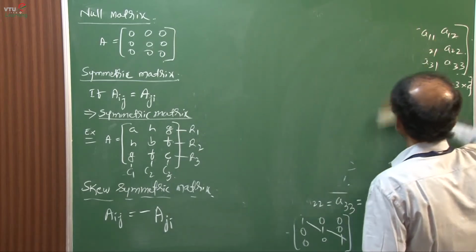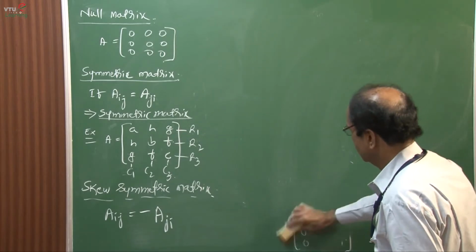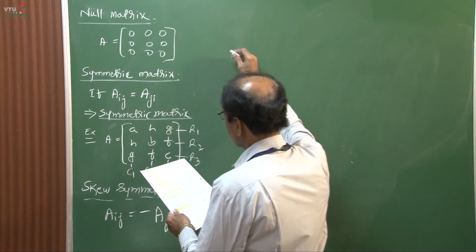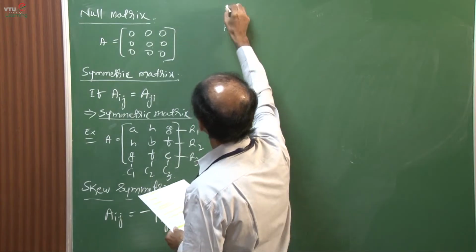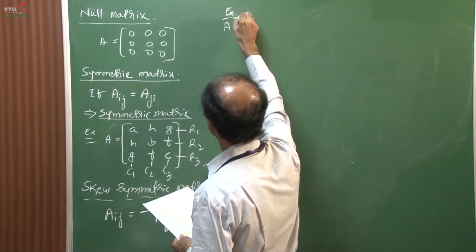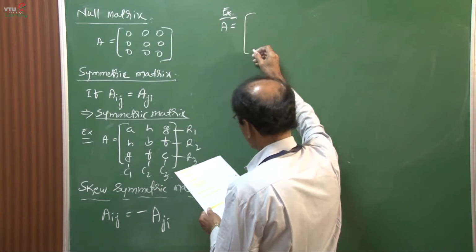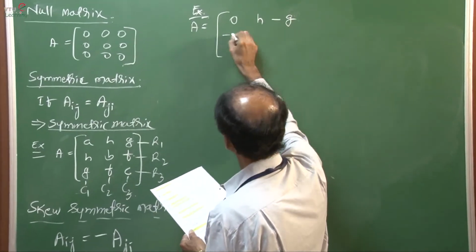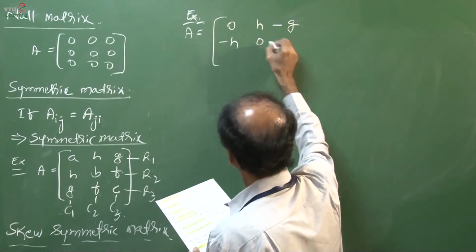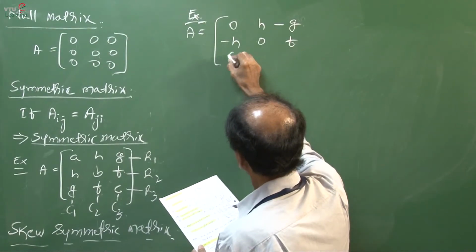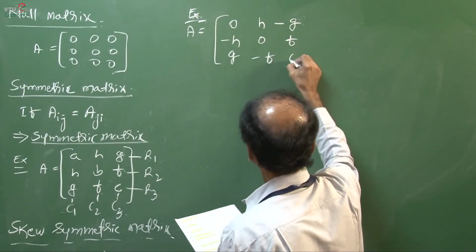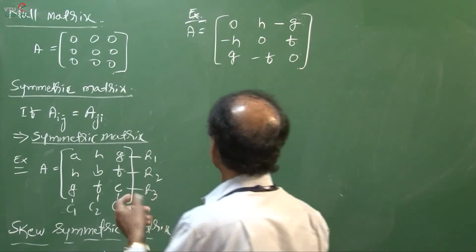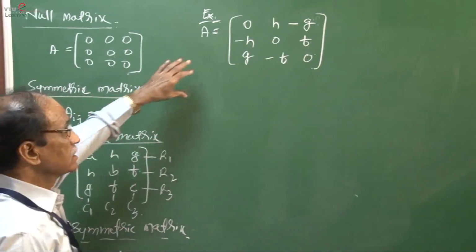I shall write the example for this also, how this skew symmetric matrix will be taken. That is, A is equal to 0 H minus G, minus H 0 F, and G, minus F, 0.